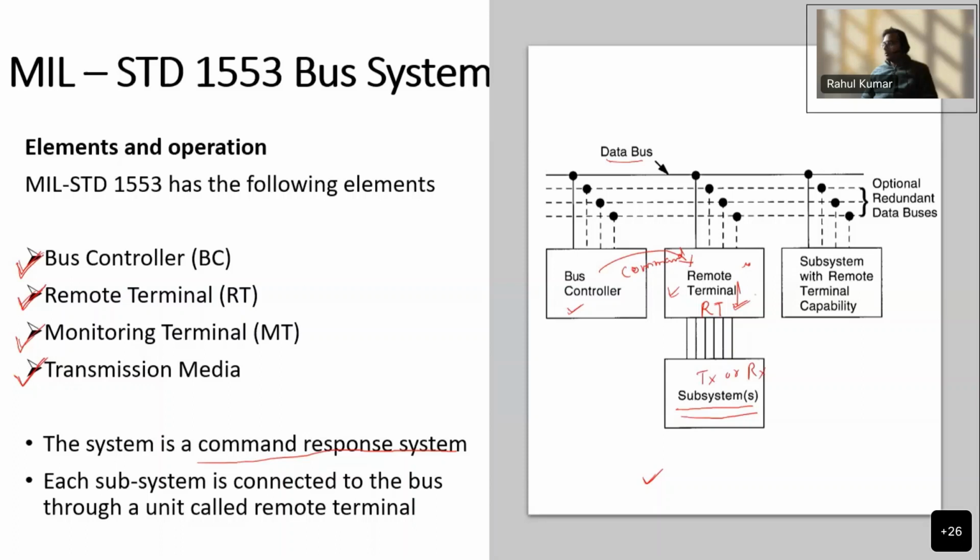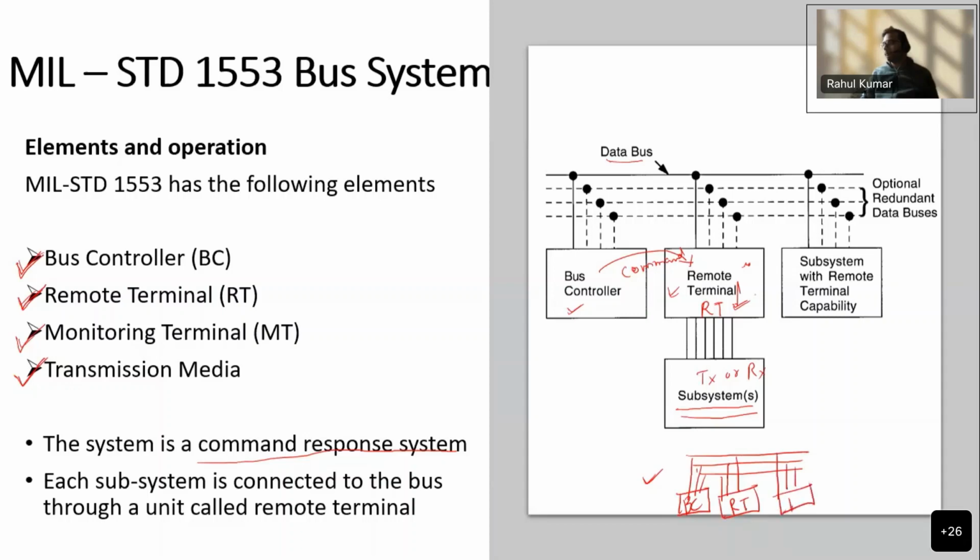Now the operation of the data bus system is such that the information transmitted is addressed to more than one remote terminal, that is, all the remote terminals. So you would have multiple remote terminals. So this is your data bus. You will have your bus controller and multiple remote terminals connected to different subsystems like that.